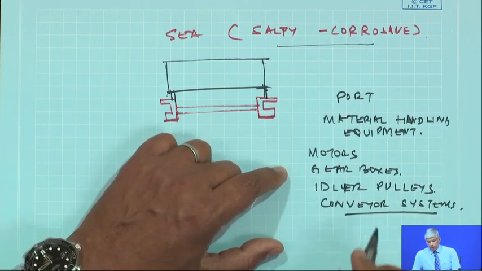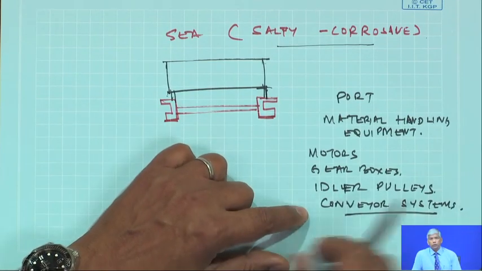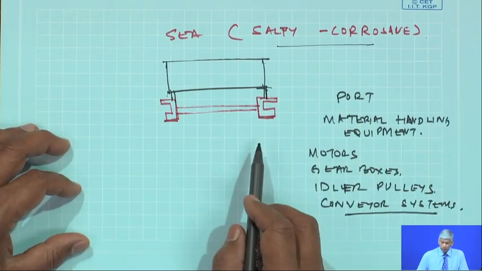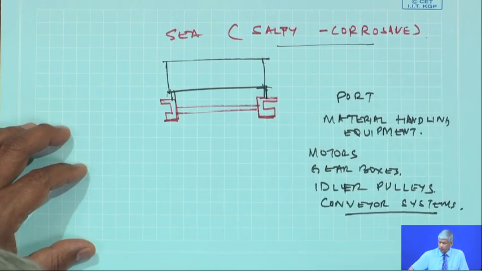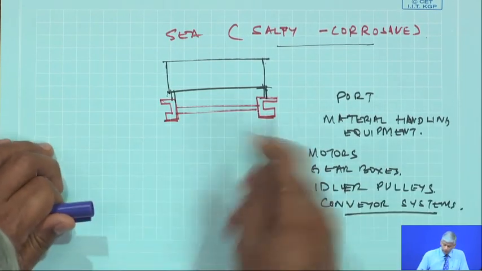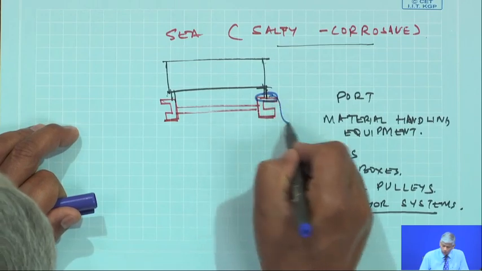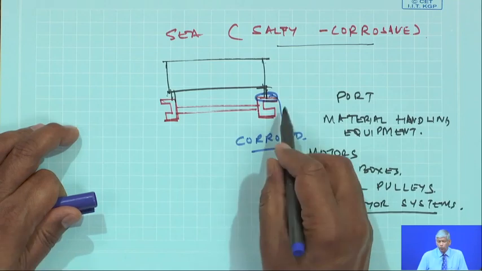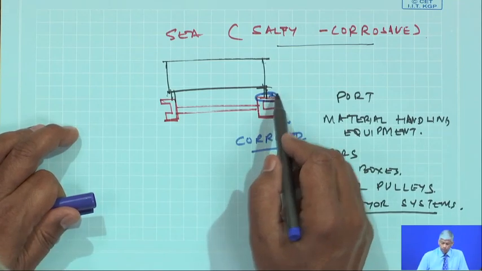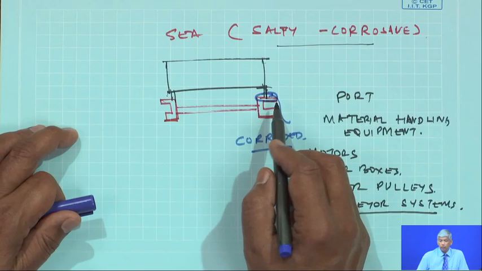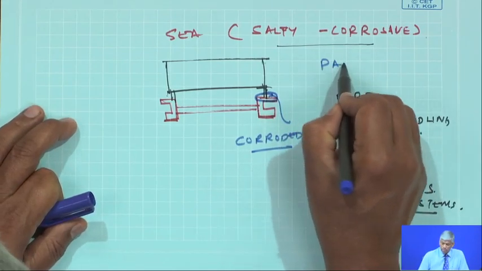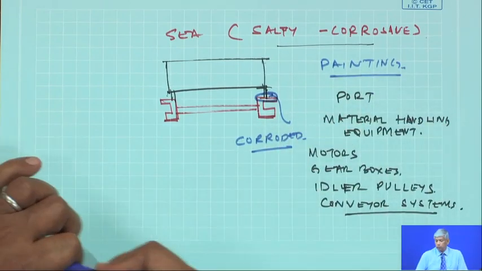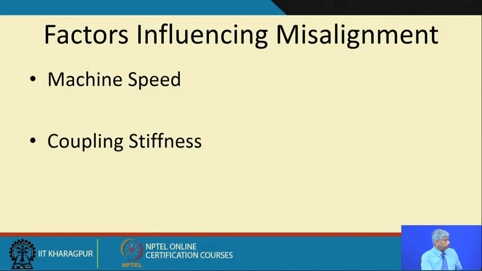It was a new plant, but as soon as the conveyor system started operating, it made excessive vibrations. On close examination, we measured the vibrations and observed that these shims, these foundations, had corroded. Okay. During installation, whatever shims were put, they corroded with time, and so usually anti-corrosive painting is done to avoid such excessive wear and tear and so on.